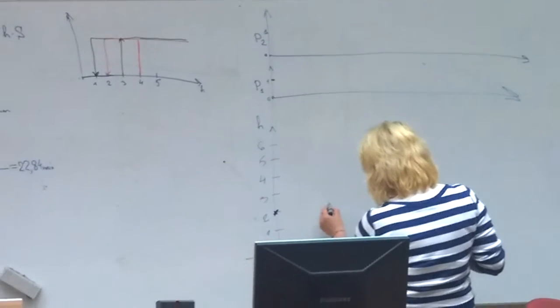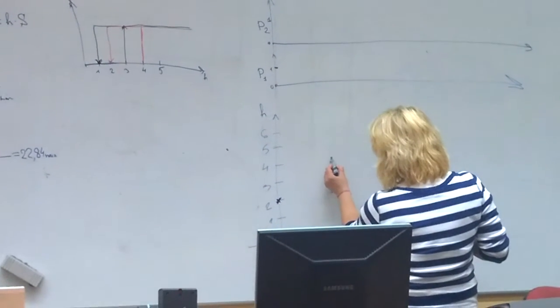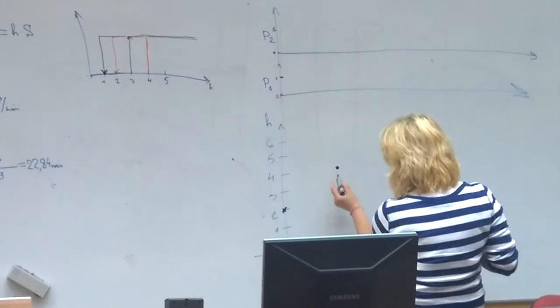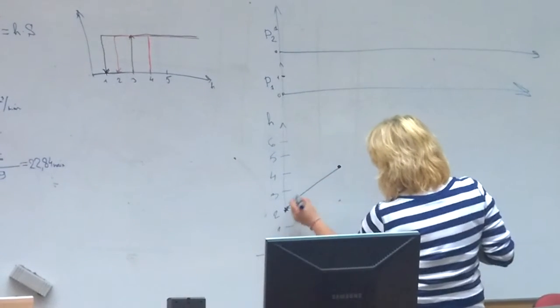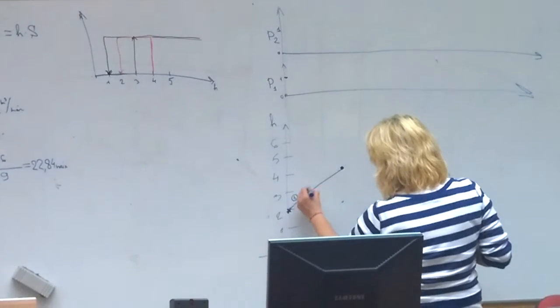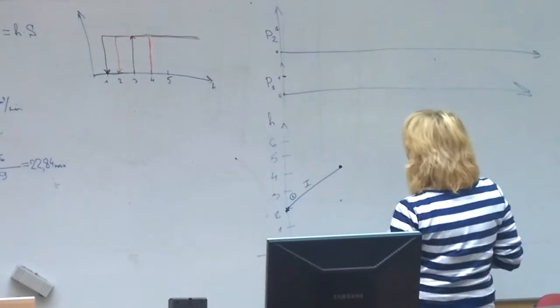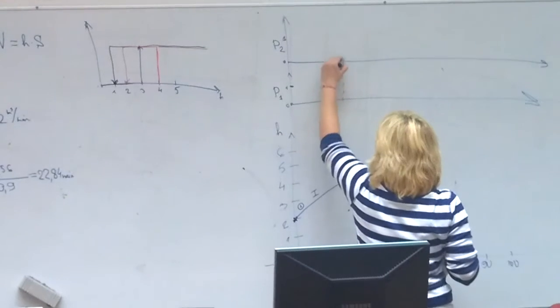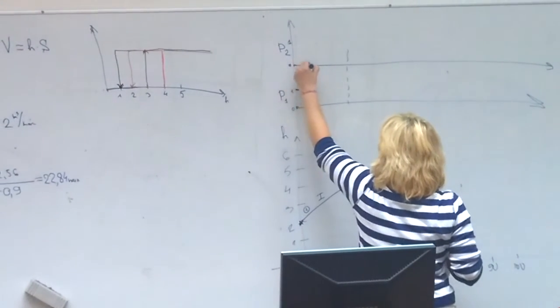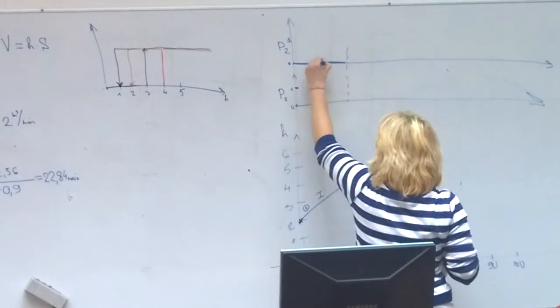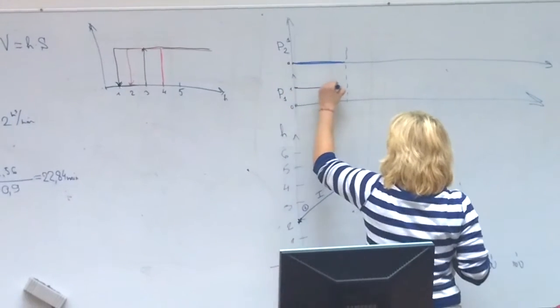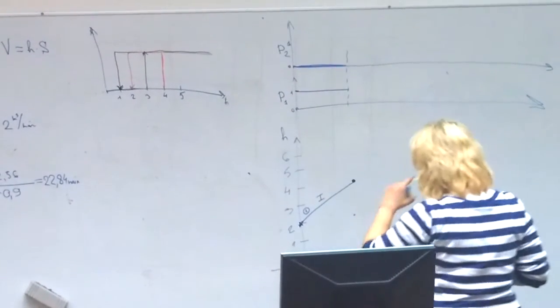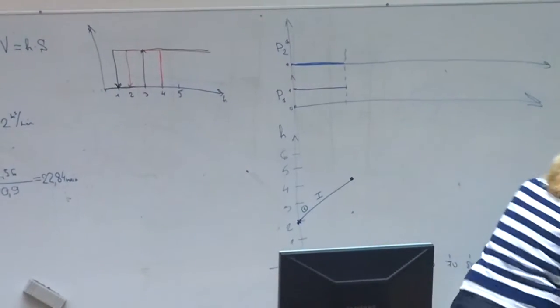I started here, and I will reach this condition. So this is our first case, and just the first pump is working. So basically that means here the second pump is turned off and the first pump is working. So this is the time.